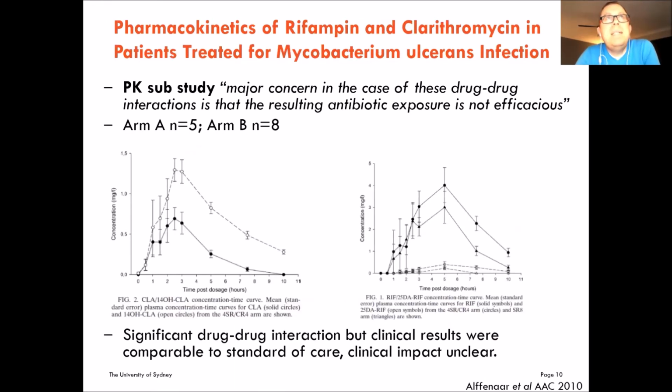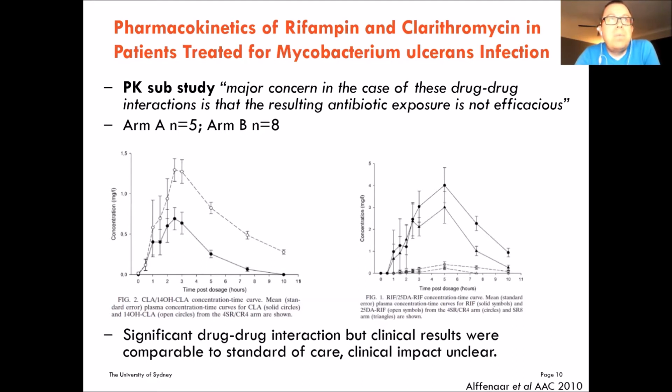So what we did, we performed a sub-study within the larger trial, looking at the different subgroups with either clarithromycin rifampicin-based therapy or rifampicin streptomycin-based therapy. And we found that the drug-drug interaction was significant.